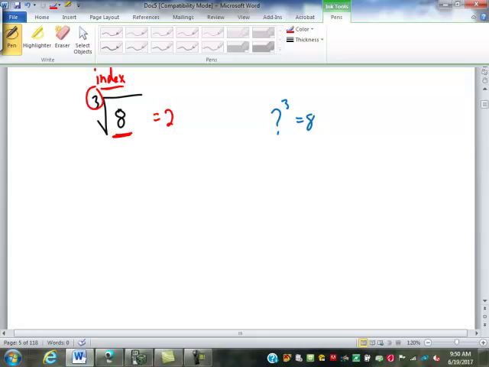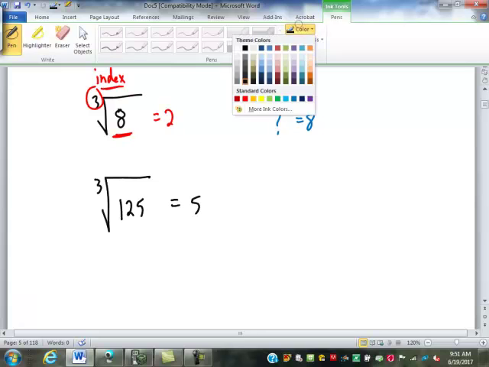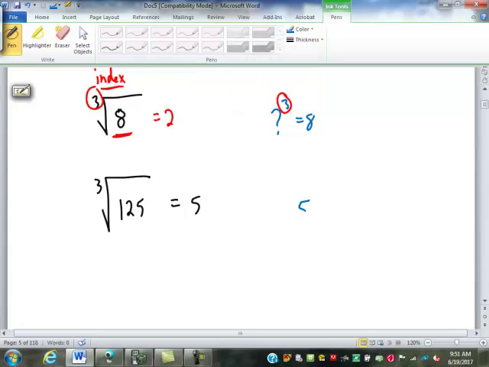It's the counterpart of the power, because that tells us what power we would use to check our answer. So if I tell you that the third root of 125 equals 5, five to the third is 125.